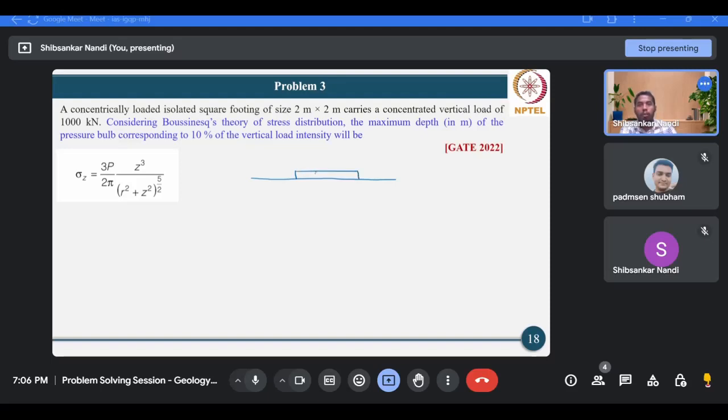For example, for this problem, this is an isolated square footing of size 2 meter by 2 meter, and this is loaded with a point load at the center. Concentrated vertical load, so P equals 1000.